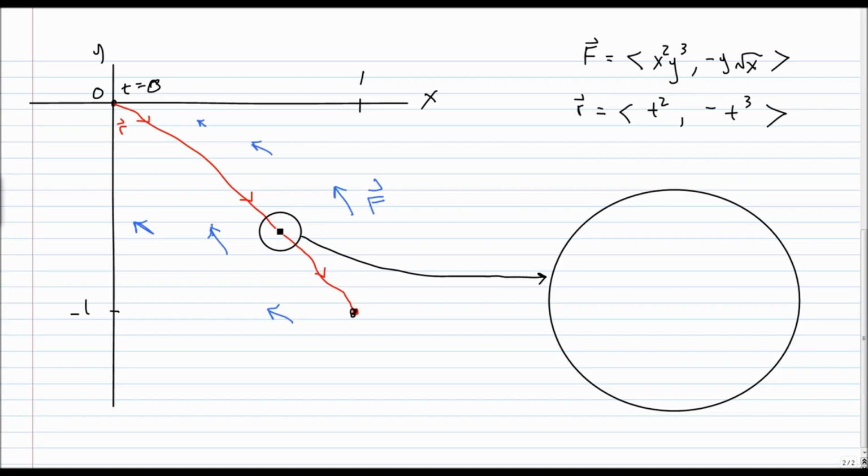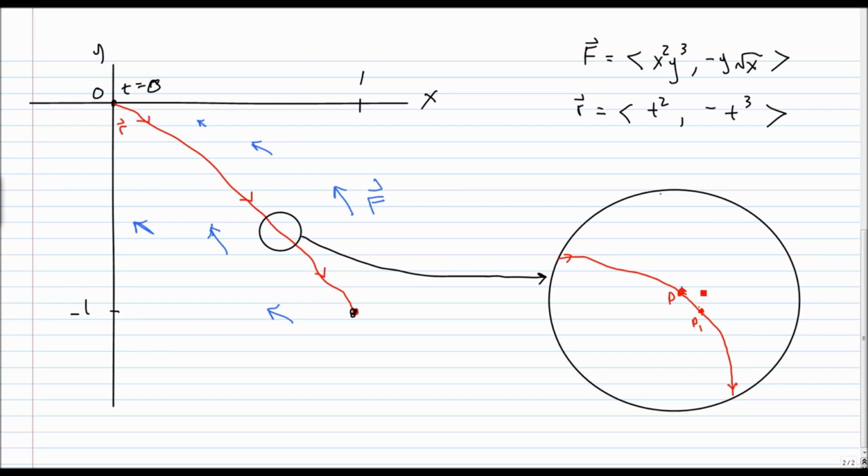Okay, so I'm going to zoom in on a little piece of this curve right here. I'm going to zoom in to a small little differential segment of the curve right here. Let's just say that the curve is doing something like this, right at that point. It doesn't really matter what the line looks like.